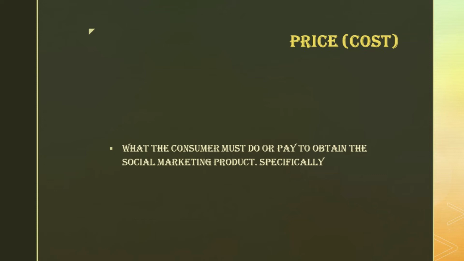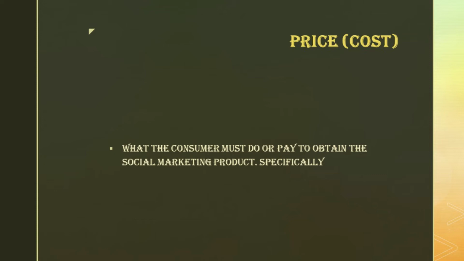Price represents a balance of the product's benefit with its cost to members of the target audience. To reduce the perceived cost of behavior change and make the change easy to adopt, social marketers recommend removing social and environmental obstacles.